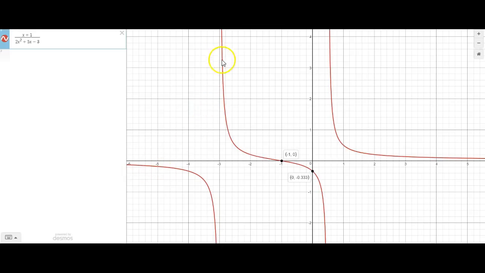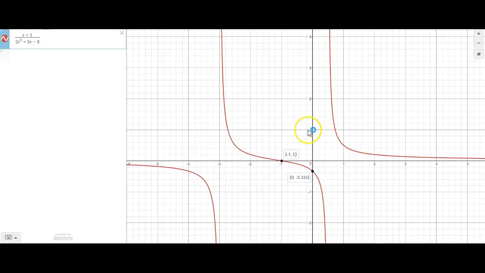And then what's happening near the vertical asymptote, the top ends of the function, well, those y values are just getting bigger and bigger as I get close to -3, on the left side of -3. And then again over here, I'm getting closer to 1/2 from the left as my y values are just heading up. And this time I'm getting closer to 1/2, but from the right side.